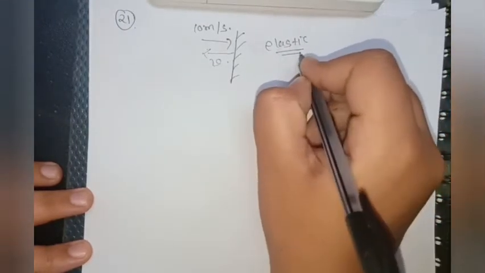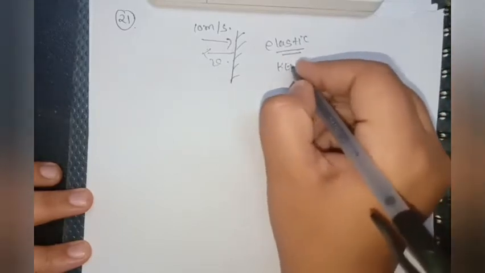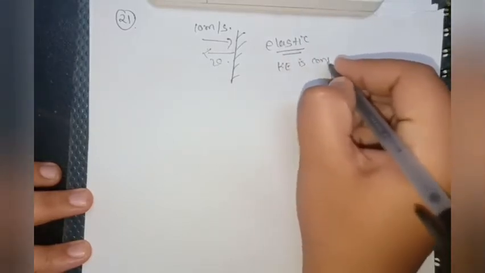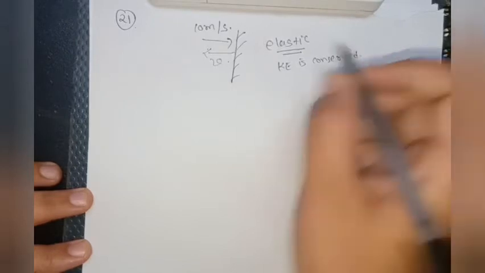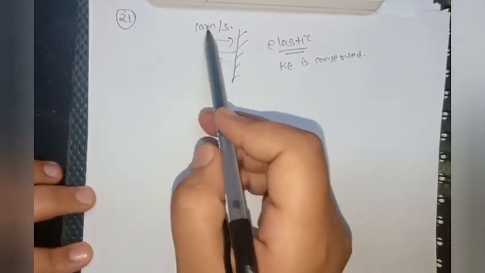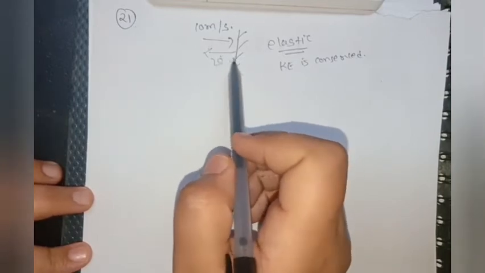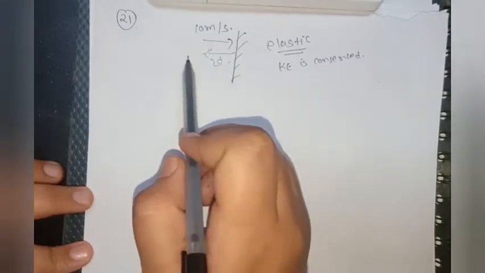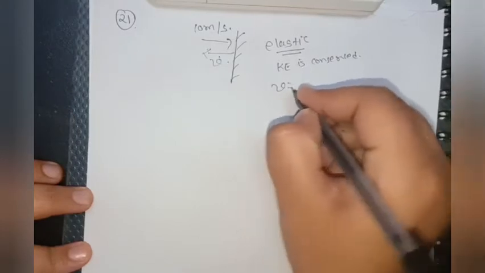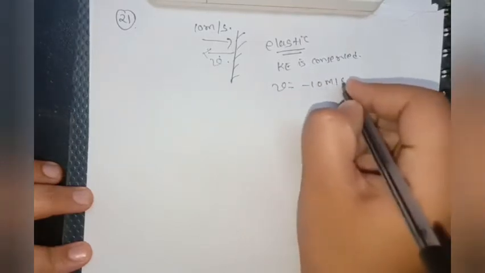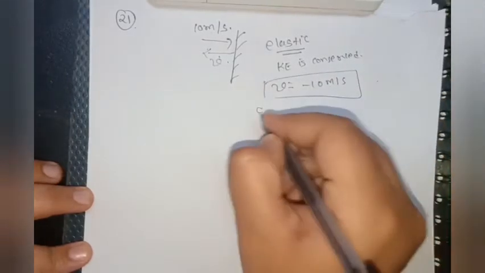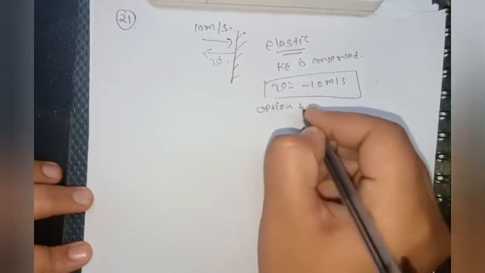In a perfectly elastic collision, kinetic energy is conserved. That means there is no loss of kinetic energy of this ball, so it will have the same speed and it will bounce back in the exact opposite direction. So v will be minus 10 meter per second. So option 4 is the correct option.